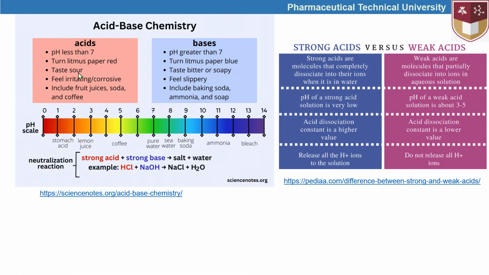Acids have a sour taste, or we can call it acidic taste. The name came from acidic, and the taste of bases is a kind of bitter or soapy, because soap also makes a kind of basic condition. And acids feel irritating and corrosive, and the bases feel slippery. Acids include fruit juices, soda, and coffee, and bases can include baking soda, ammonia, and soap.